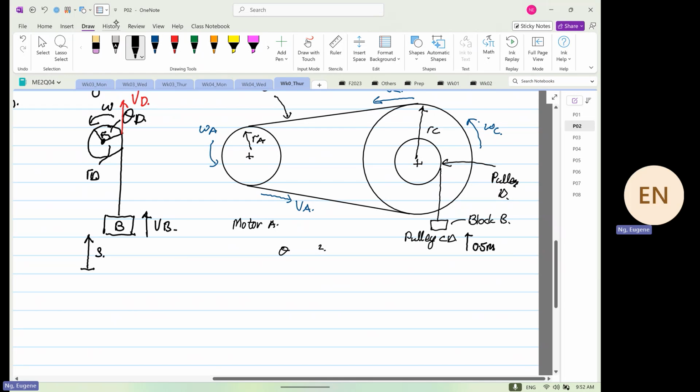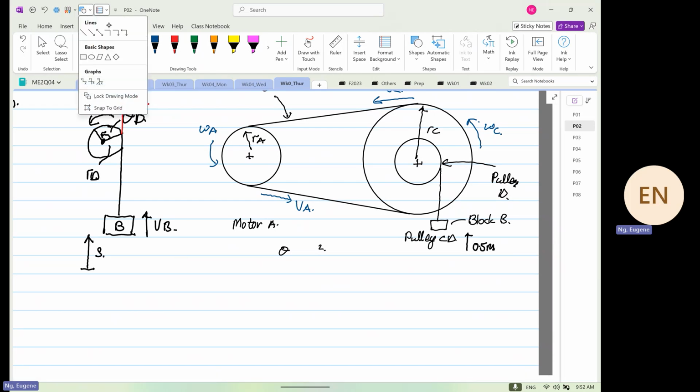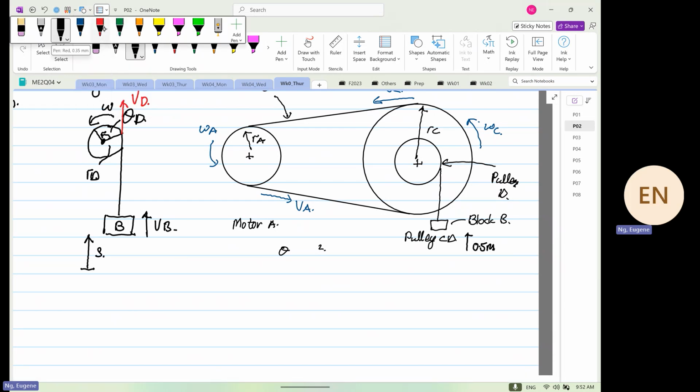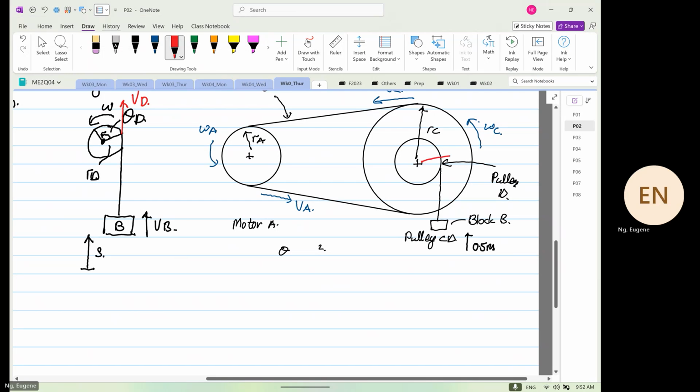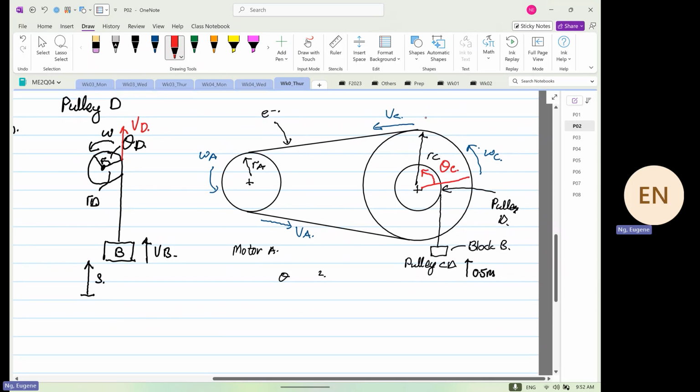So if we have an initial position of our block, it has to rotate by what? It has to be rotated by theta C. And this theta C is going to give us an arc length like this, which I will call SC.